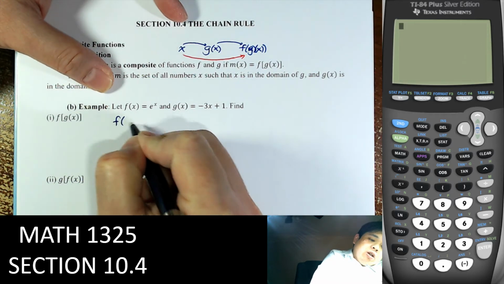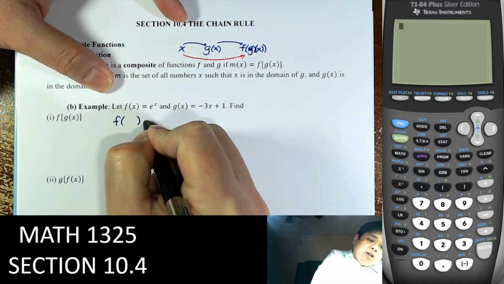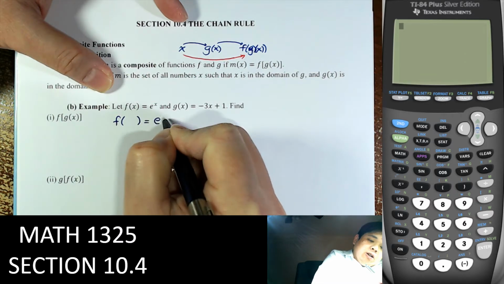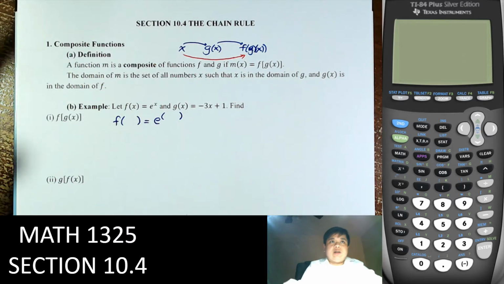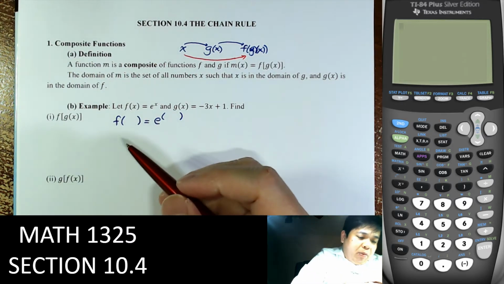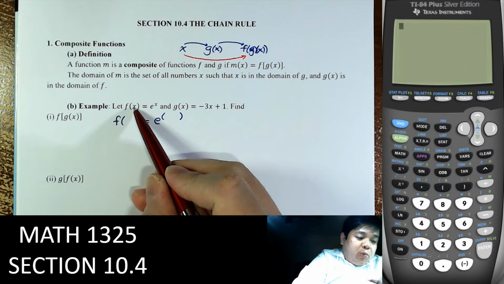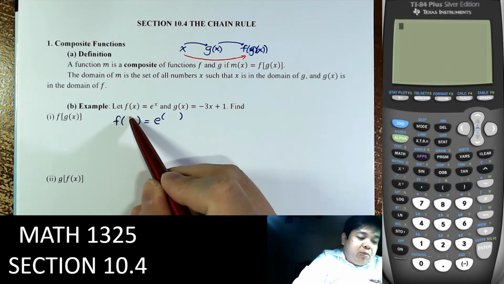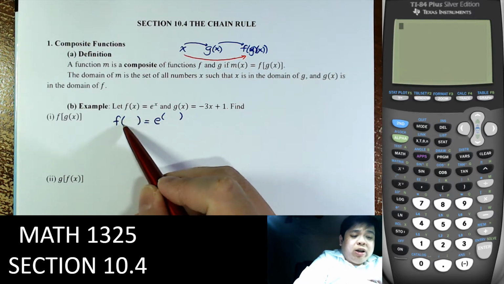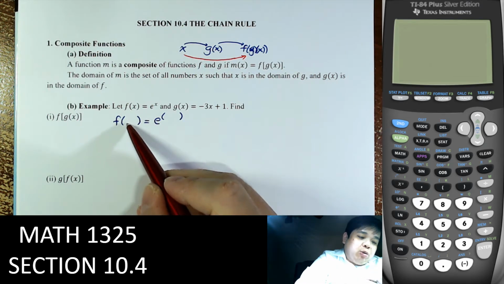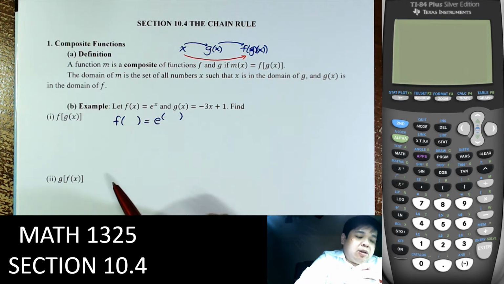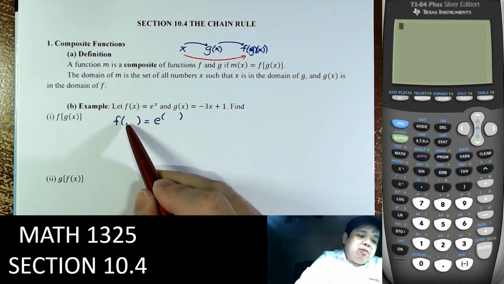If we start with the function like that, whatever you put in this parentheses, could be x or whatever, we do the same thing on this parentheses. So I'll replace the x here and the x here by the parentheses.